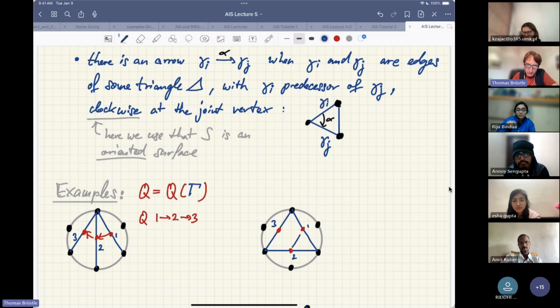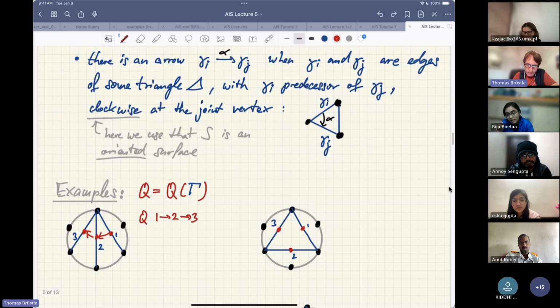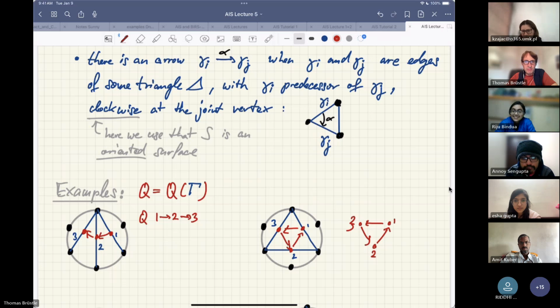The clock goes from 2 to 1 in this direction, it goes from 3 to 2 in this direction, and it goes from 1 to 3 in that direction. Is this correct? So the quiver here would be the quiver 1, 3, 2, 1. So now I got a 3-cycle, okay?